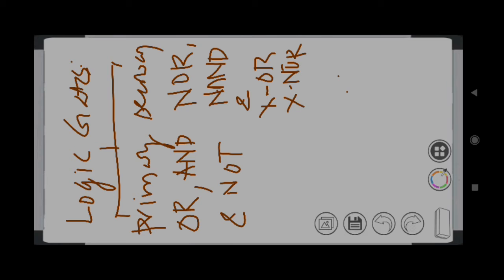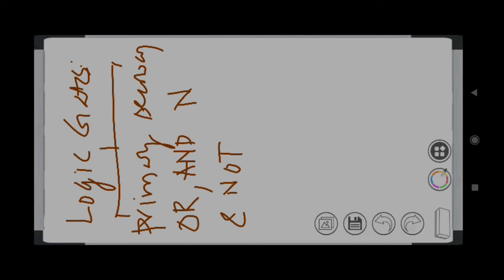The output will be according to some Boolean logic. Now let us understand the operation of these gates one by one. First of all, let us understand the functioning of the primary gates.